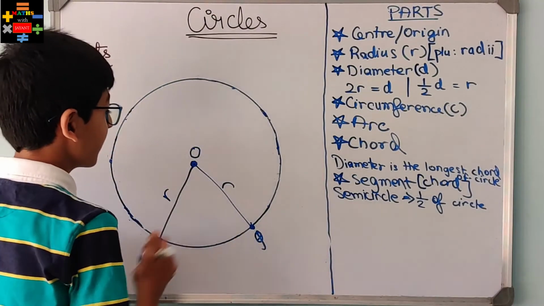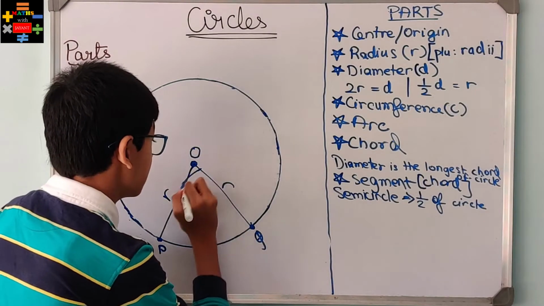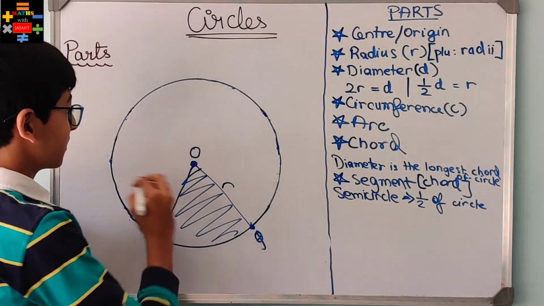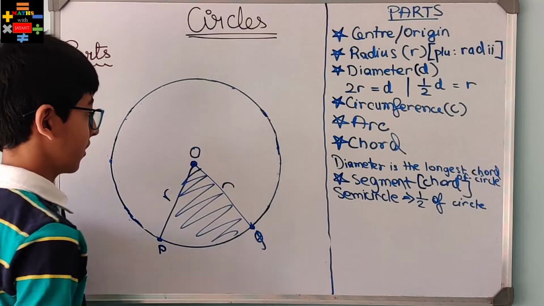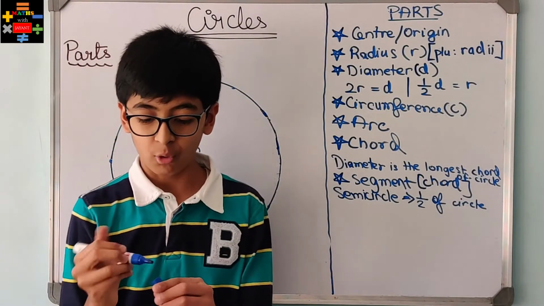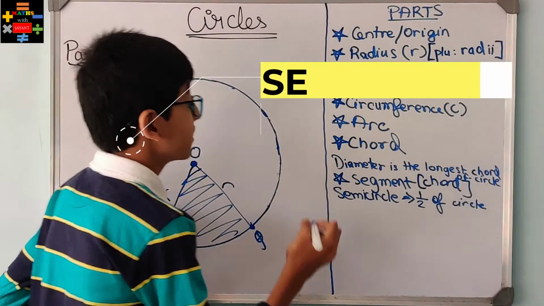Once I did that, our circle again got divided into two parts. One is this part, and the other is the bigger part, which you could see over here. The small part which I have shaded and the big part which I have not shaded. Each of these parts is called a sector.